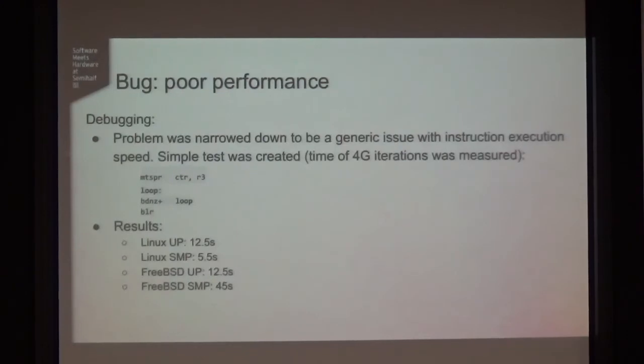I got back to work the next day and ran various other benchmarks, and every single time I did some benchmarking, I found that FreeBSD is 8 times slower than Linux. And that was really interesting because it's not 3.567 or something, it's almost exactly 8.